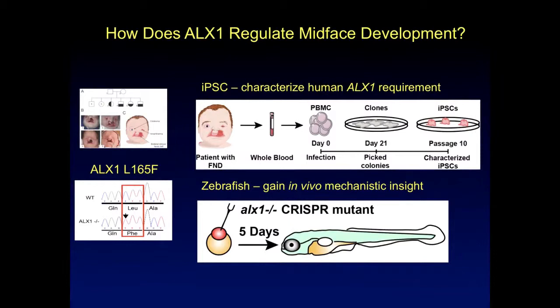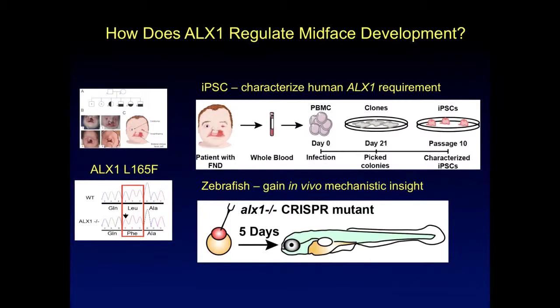And from those observations and characterizations of the neural crest, then form hypotheses that we can test in the zebrafish. And for both of these cases, you'll see that it's been very successful for us. So here we not only were able to derive the neural crest cells from the heterozygote parents and the unaffected children and the affected, here we also were able to make the CRISPR mutants in this gene ALX1.